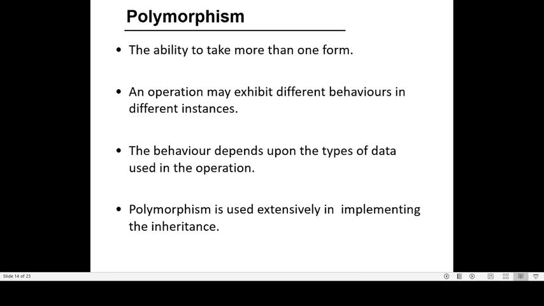Next, polymorphism. What is polymorphism? It takes more than one form. The operation may exhibit different behavior in different instances. The behavior depends upon the types of the data used in the operation. That means in polymorphism, a single unit has many forms, more than one form.